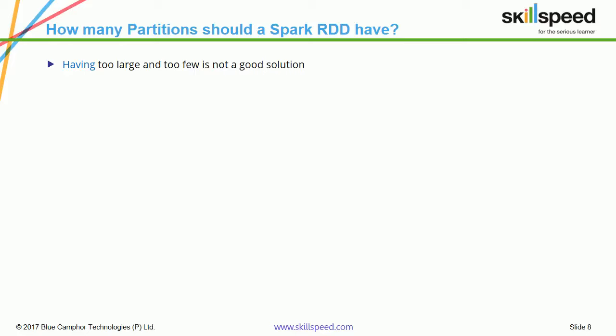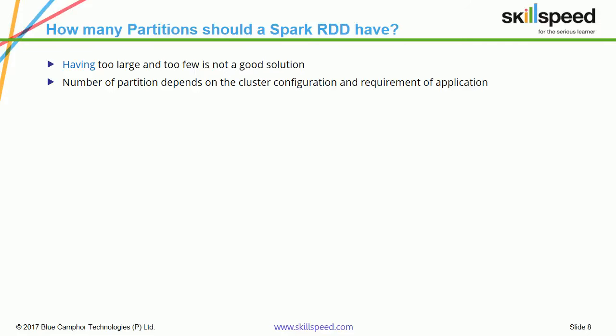If my partition number is too small, then each chunk will have a huge amount of data, and analyzing that will also create a problem. So we should carefully decide the number of partitions based on the data. It also depends on the cluster configuration.